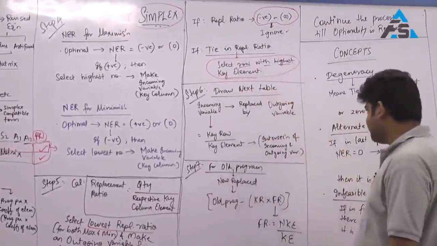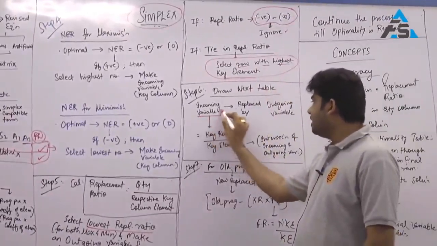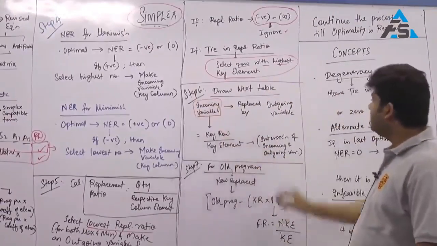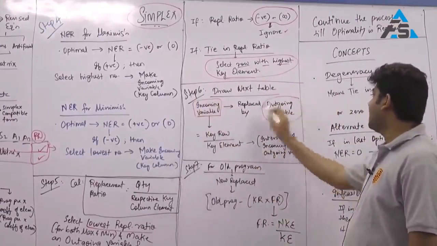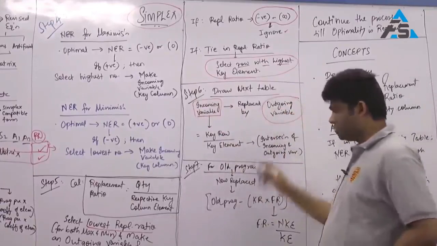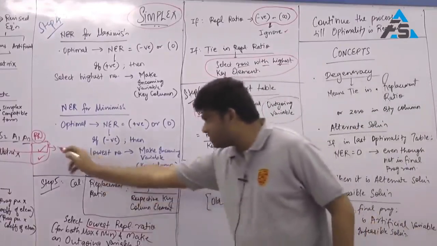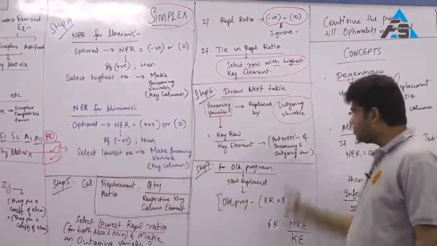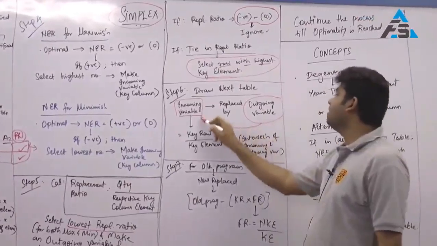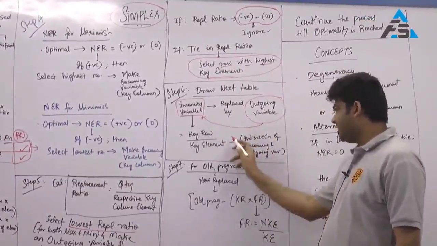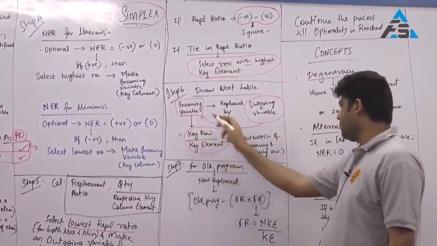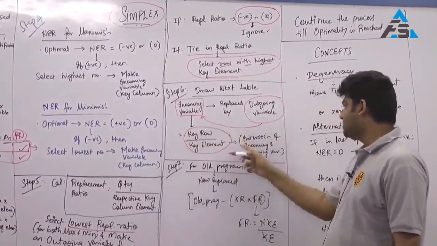Draw the next table. For the next table, your outgoing variable is replaced by the incoming variable. So now there is an outgoing variable which we have got because of this replacement ratio. Now this outgoing variable will be replaced by the incoming variable by putting the formula key row upon key element. What is key element?